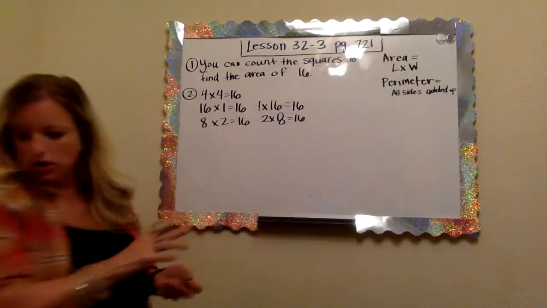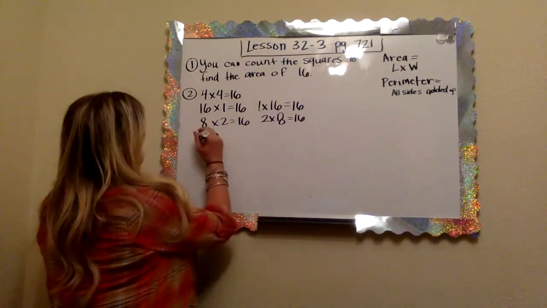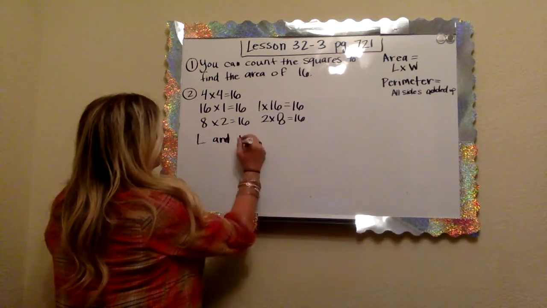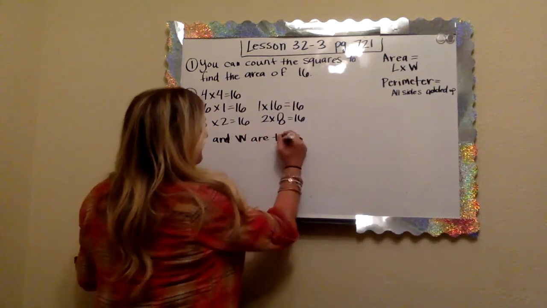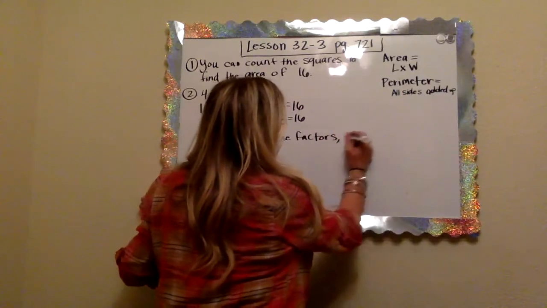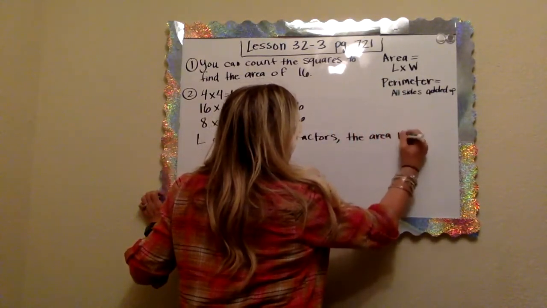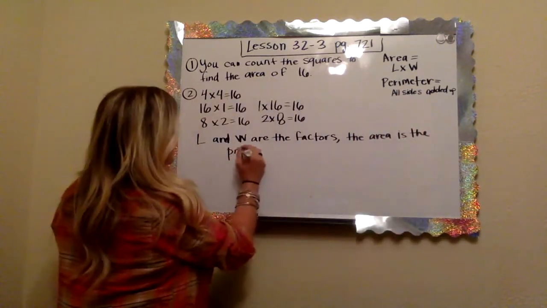So the second part of number 2 is that the length and width are the factors. The area is the product.